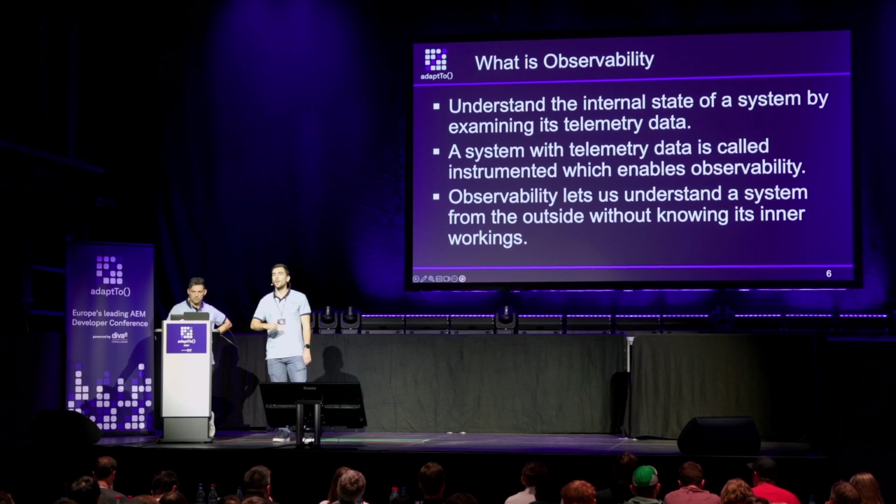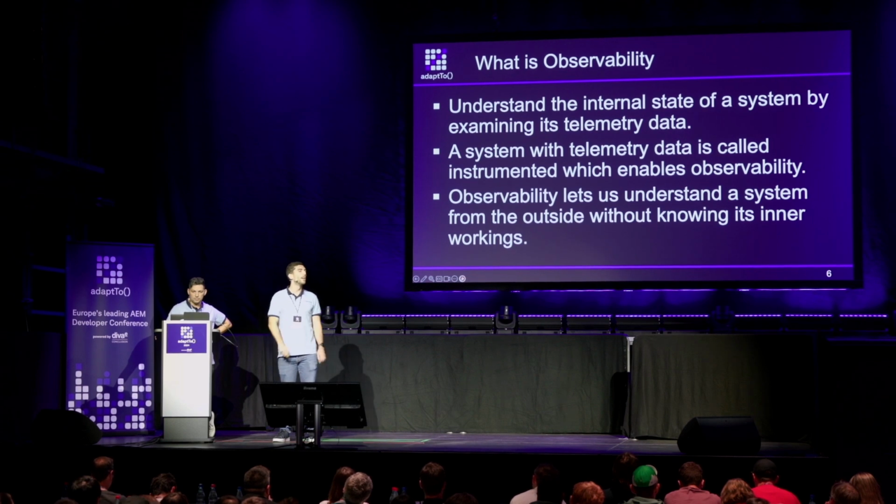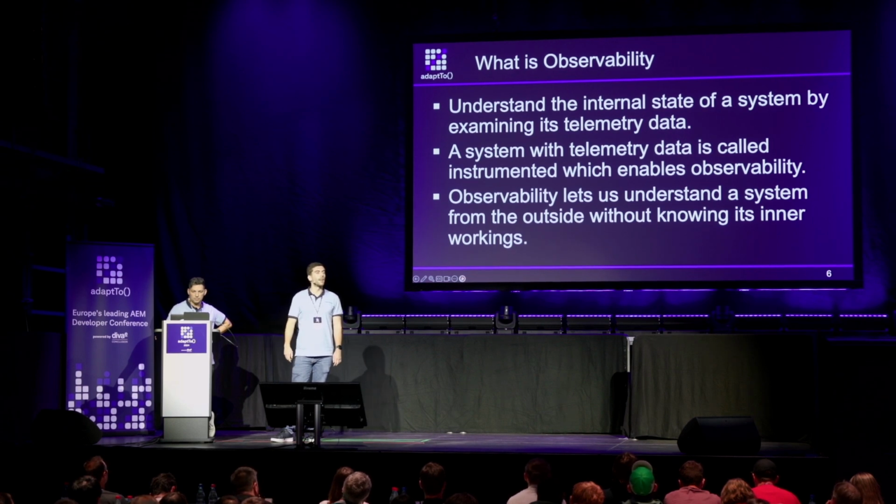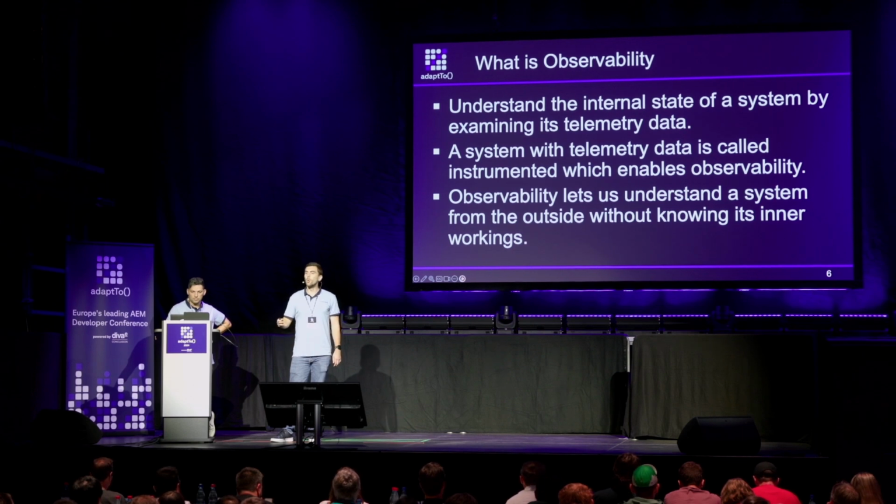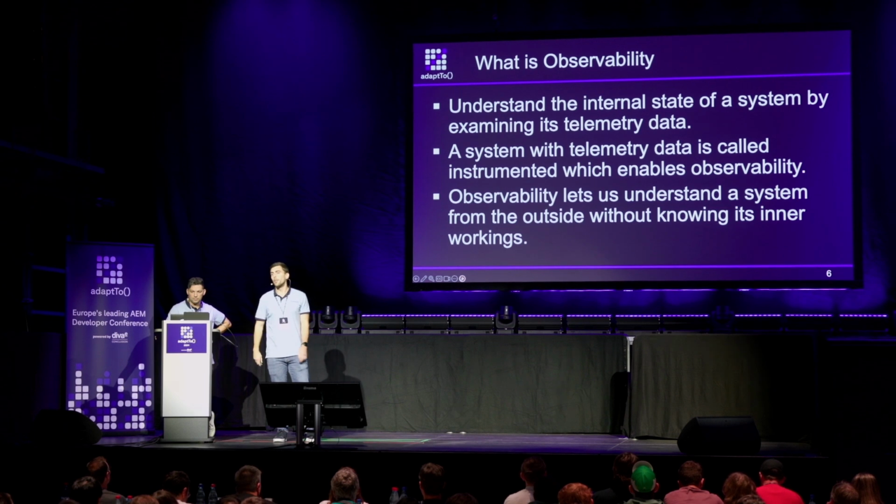Observability is a concept where you look at your system and you can see what's happening by looking at the telemetry data. Telemetry data is all about traces, metrics, and logs, and Barry will explain that in the upcoming slides. When you have telemetry data in your system and you're exposing it, then you say that your system is instrumented.